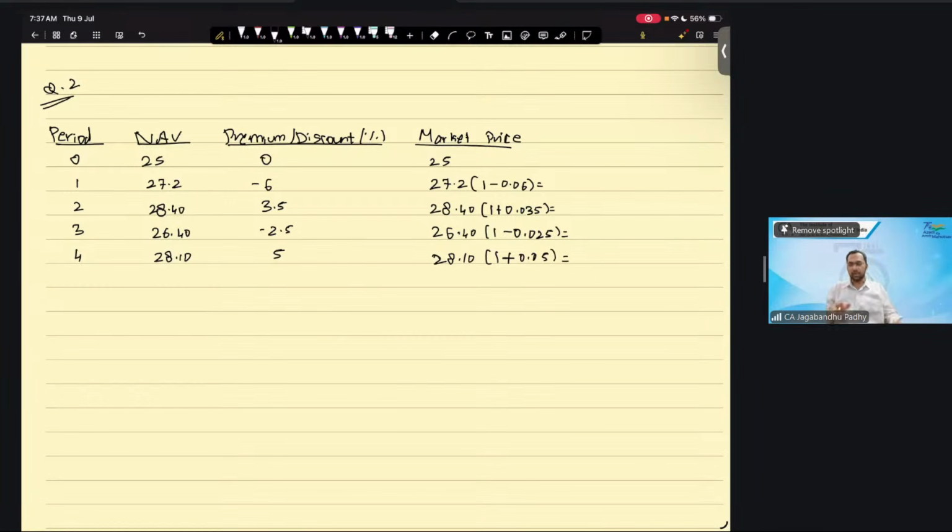Okay, give me these market prices, everyone. Give me the market price of the shares, market price of units. Tell me what these market prices are. So first one is 25.568.